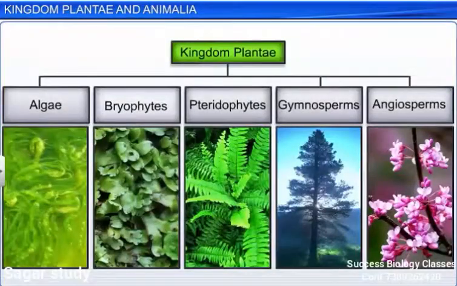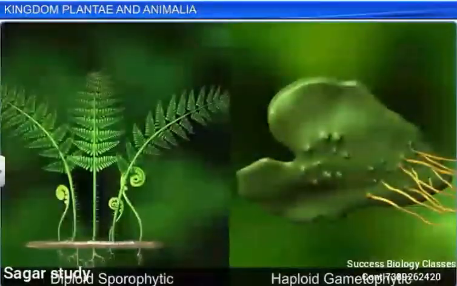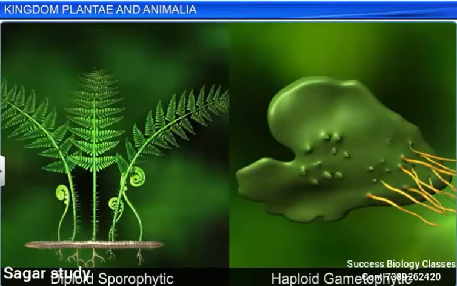Kingdom Plantae also includes algae, bryophytes, pteridophytes, gymnosperms, and angiosperms. Most plants have two alternate phases in their life cycle: the diploid sporophytic and the haploid gametophytic phases.